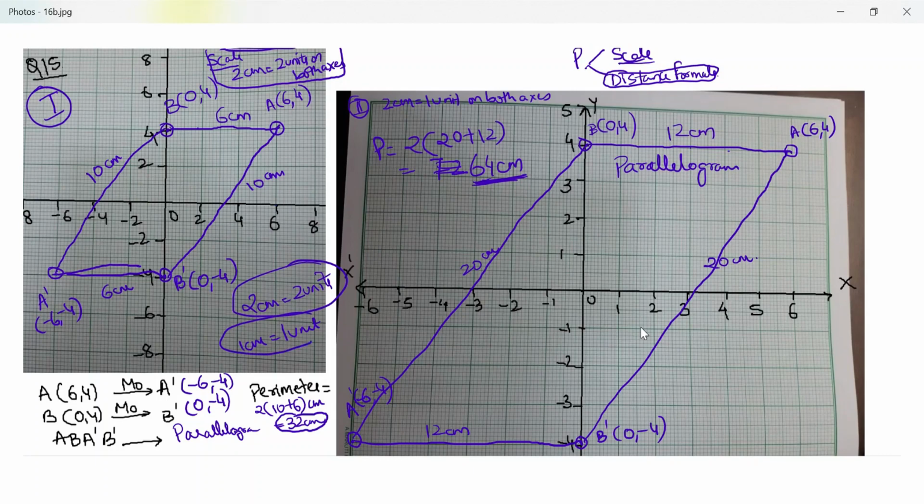That should always be your scale when you're giving your answer in centimeter. But if you're not giving your answer in centimeter, then you can look at units as well, because now the perimeter is double this perimeter. Obviously, a single parallelogram that two people are plotting should have the same perimeter.